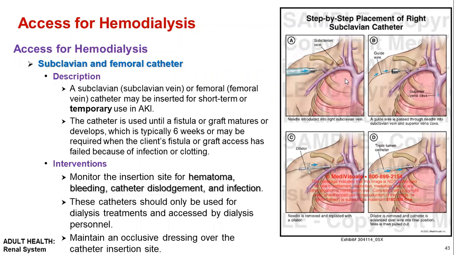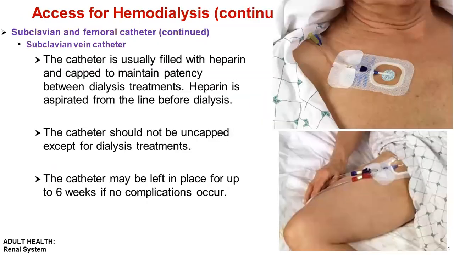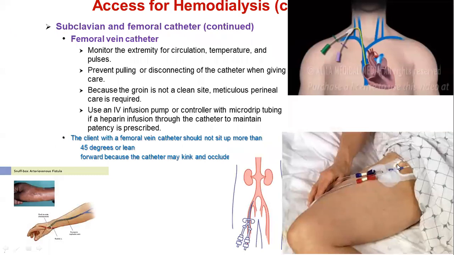So the danger side of this subclavian is the chance of infection, and infection easily spreads out to the lungs and heart. And this area is the femoral catheter. We can do it like here, the femoral artery and vein.